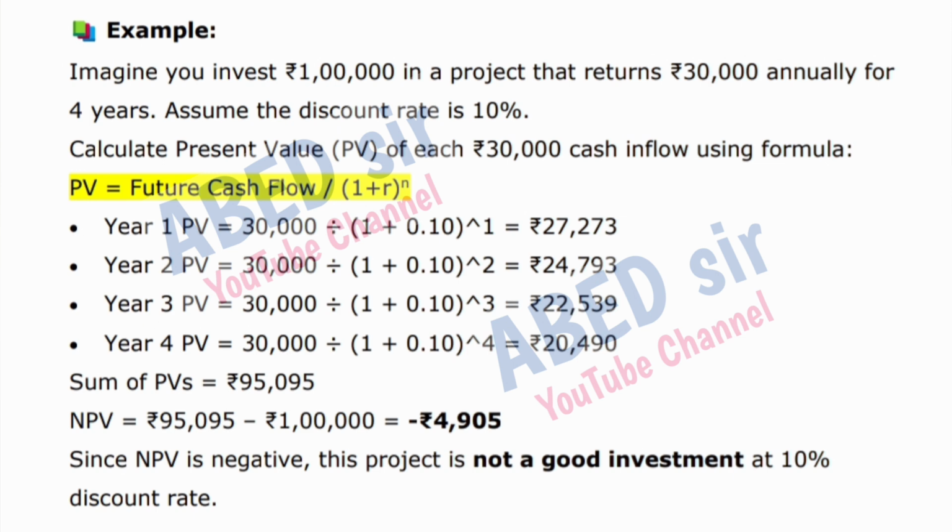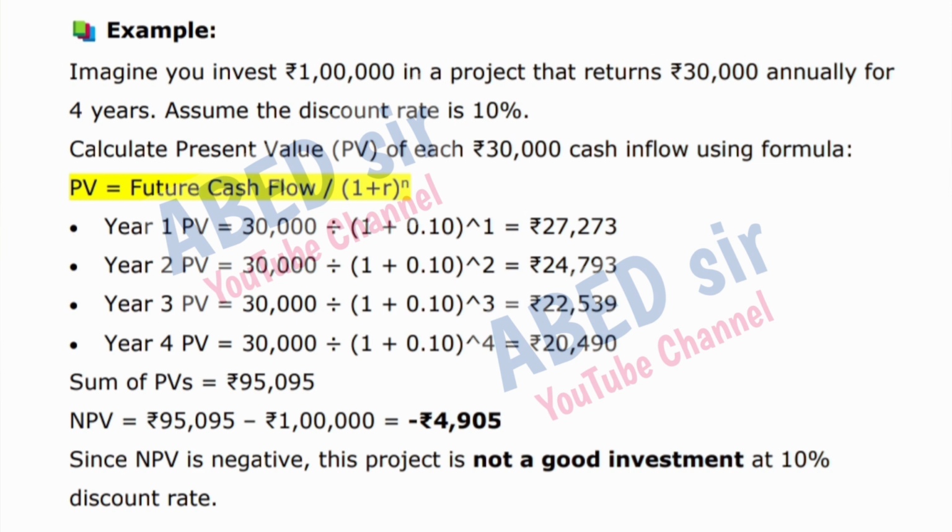Year 3 PV is equal to 30,000 divided by (1 plus 0.10) to the power 3, which is equal to 22,539 rupees. Year 4 PV is equal to 30,000 divided by (1 plus 0.10) to the power 4, which is equal to 20,490 rupees. Sum of PVs is equal to 95,095 rupees.